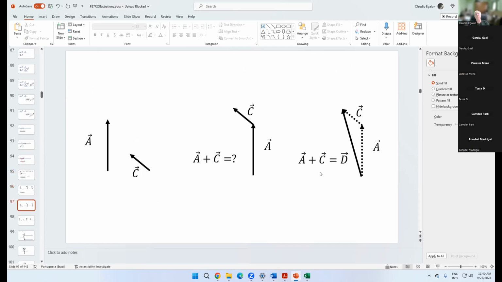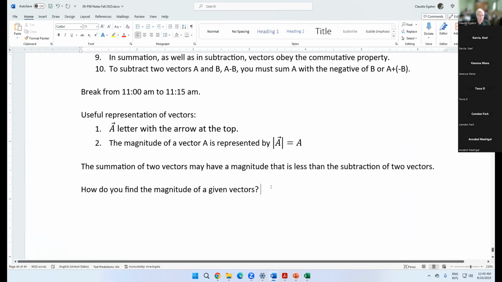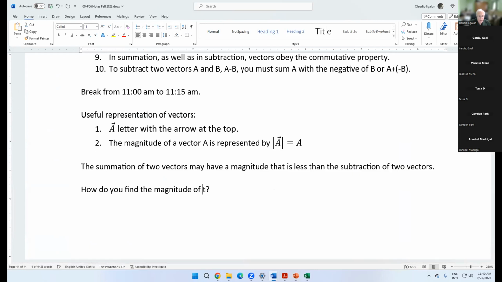What if the two vectors are not perpendicular to each other? Let's document here first how to find the magnitude of the summation of two vectors.